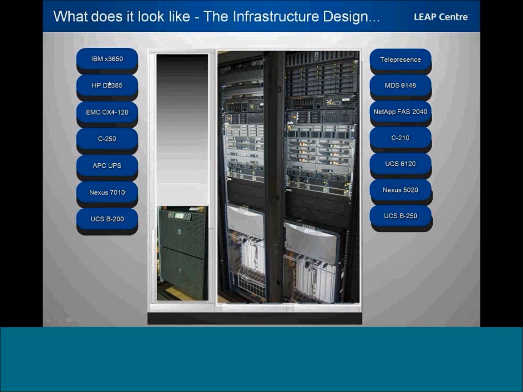We've also got some IBM and HP servers in there. That's to enable us to demonstrate competitive vendor servers working together with Cisco, so a sort of coexistence. And up at the top of the racks, we've got EMC and NetApp storage arrays. So, two of the most popular storage vendors that are out there in the enterprise data center at the moment.